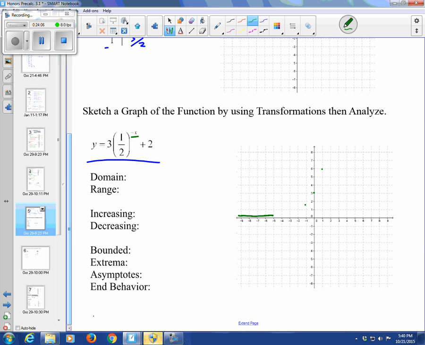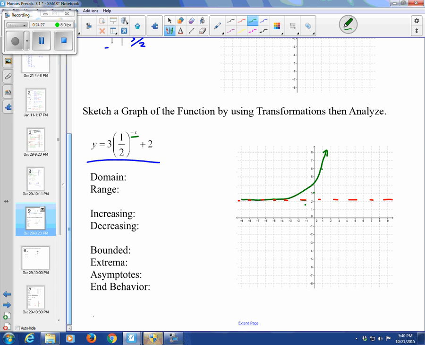And after that, what we're seeing is our function moved up 2, which means that horizontal asymptote is going to go from 0 to up 2. So right here, we've got our exponential function.